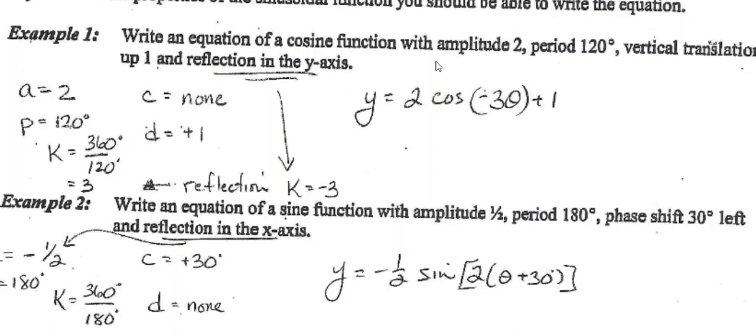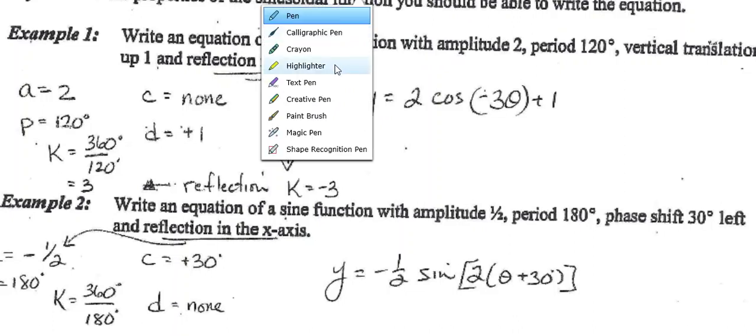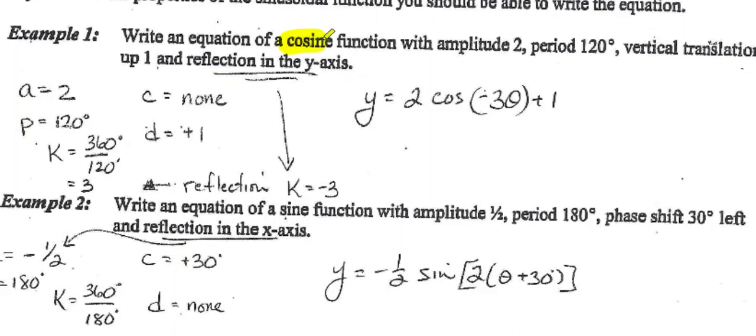Okay, you want a cosine function, so make sure you have cosine. Amplitude is 2, so that means A equals 2. Period is 120, so your K value is calculated by taking 360 divided by 120, so your K value is 3.